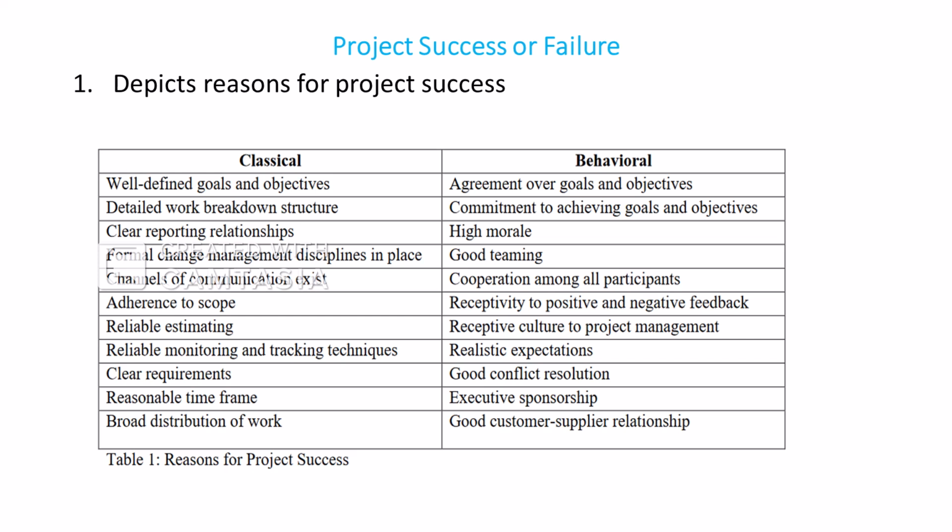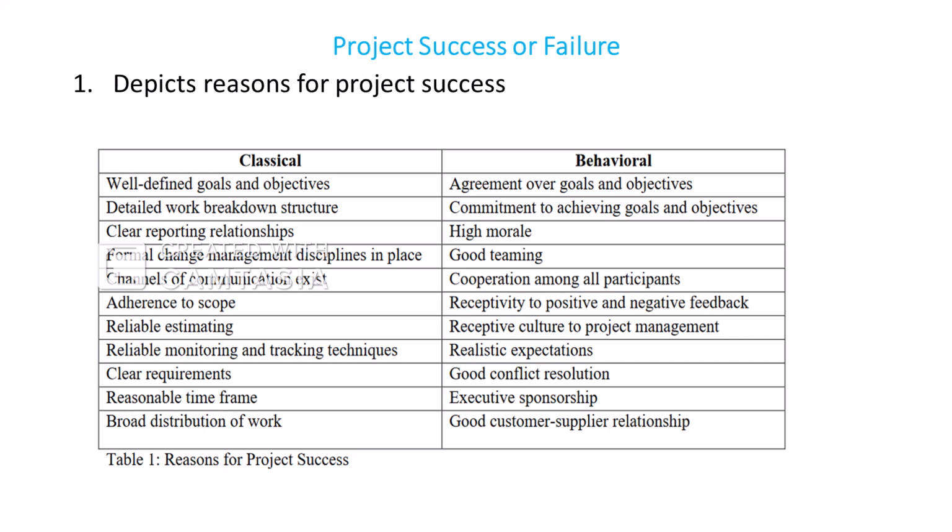In classical approach, well-defined goals and objectives, detailed work breakdown structure, clear reporting relationships, formal change management disciplines in place, channels of communication exist, adherence to scope, reliable estimating, reliable monitoring and tracking techniques, clear requirements, reasonable time frame, broad distribution of work could lead to success of a project.